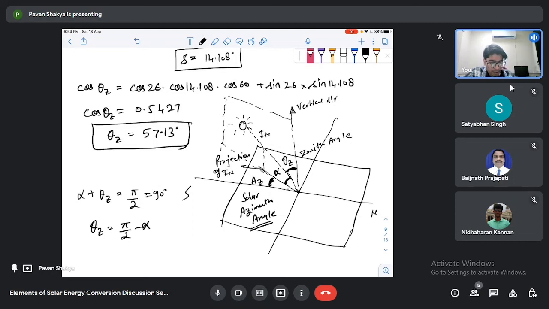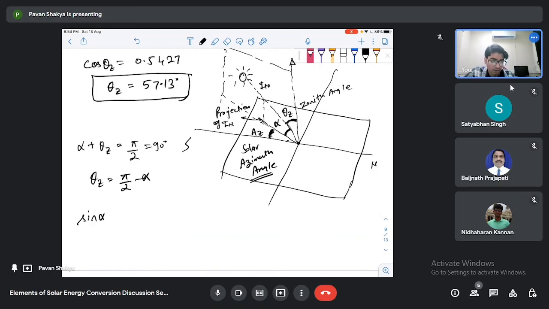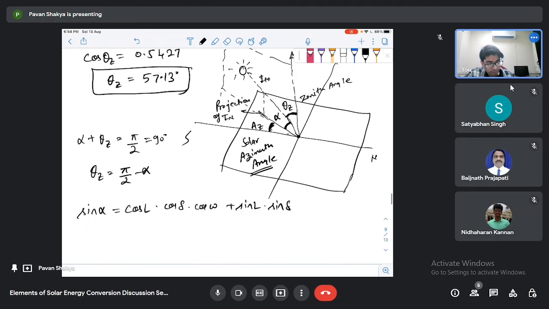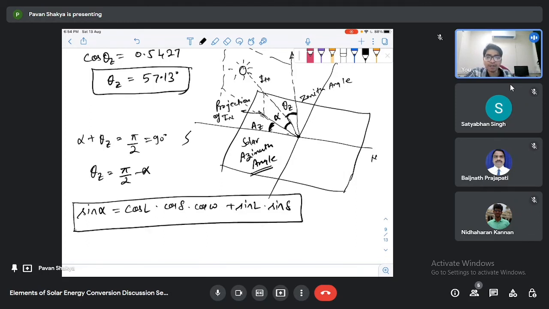Then you find that our formula comes out to be sin alpha is equal to cos L cos delta cos omega plus sin latitude sin declination angle. So this is the formula to calculate the altitude angle directly.